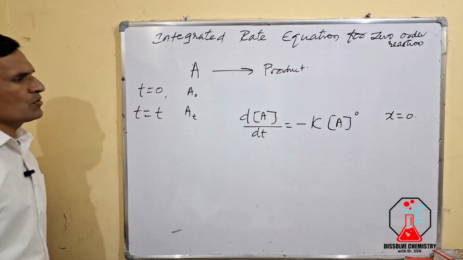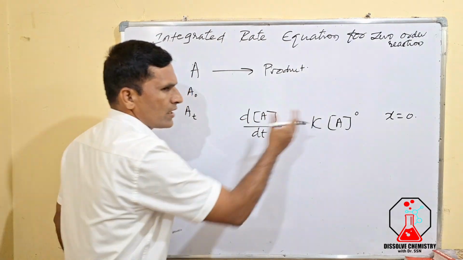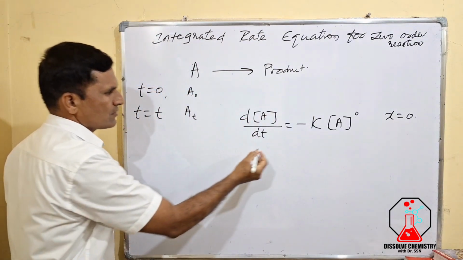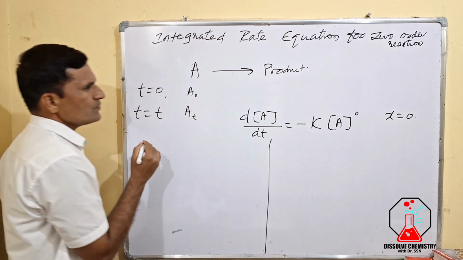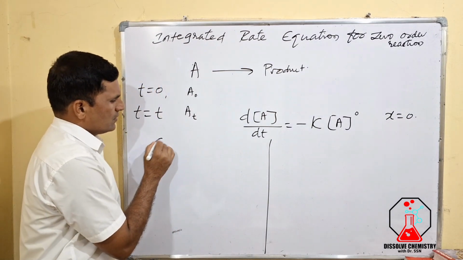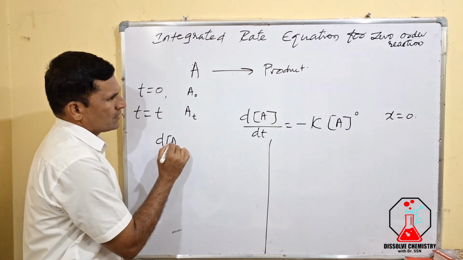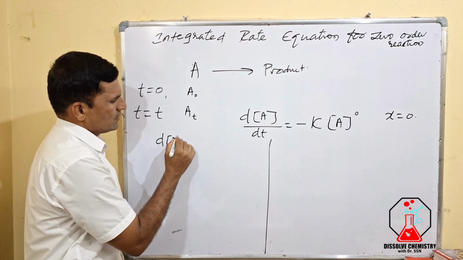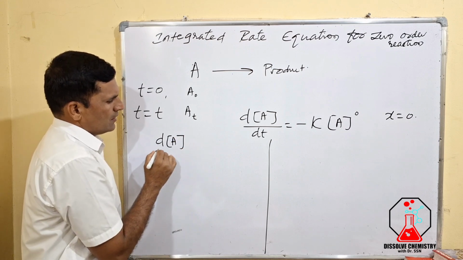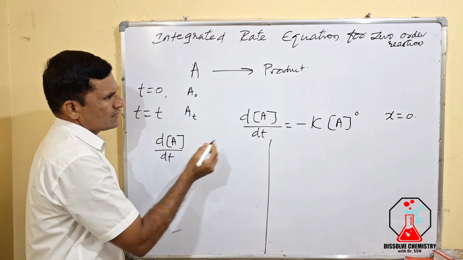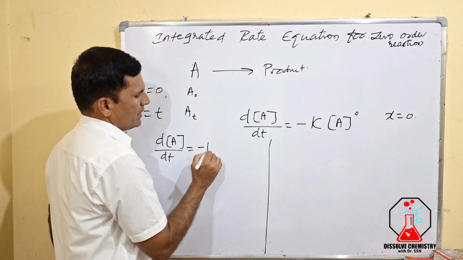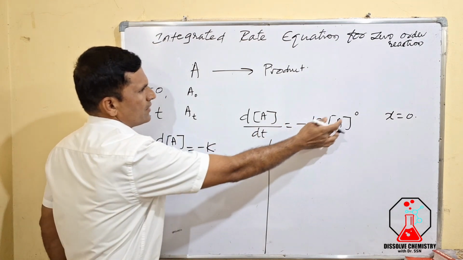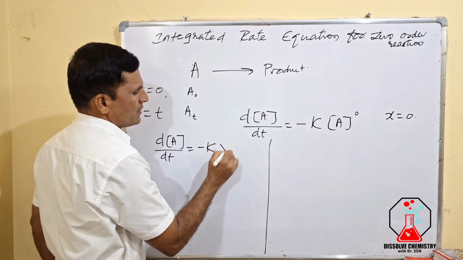Now what we have to do is just reorganize this equation, taking same terms on the same side. dA by dt is equal to minus k, A to the power 0 means 1, into 1.